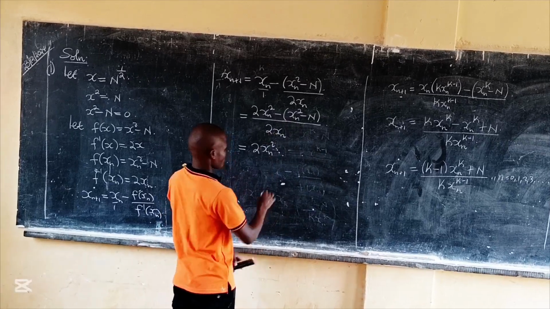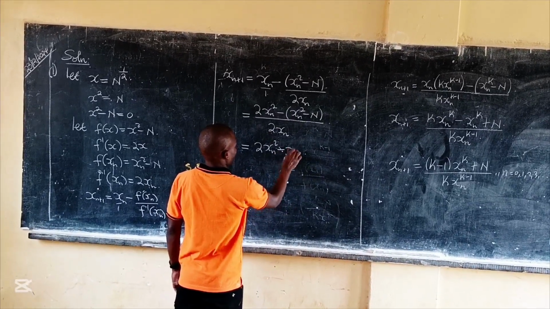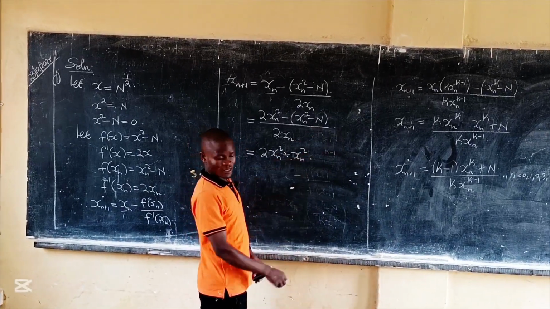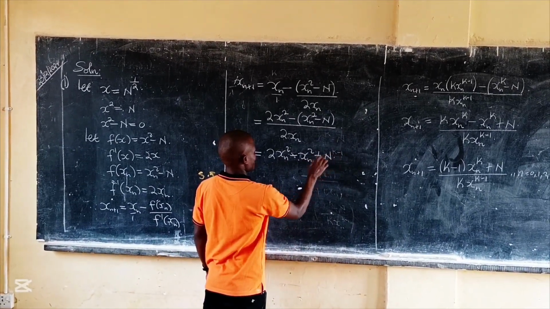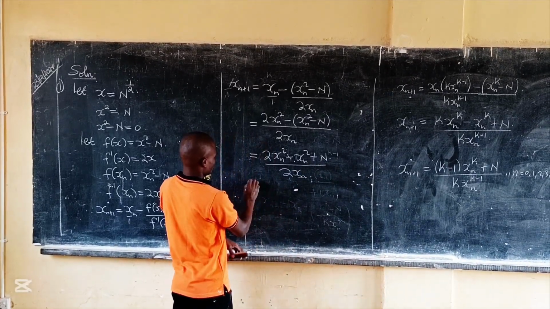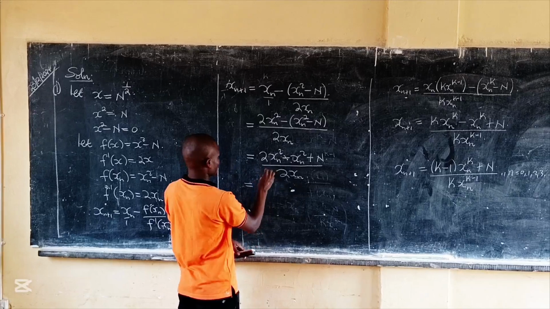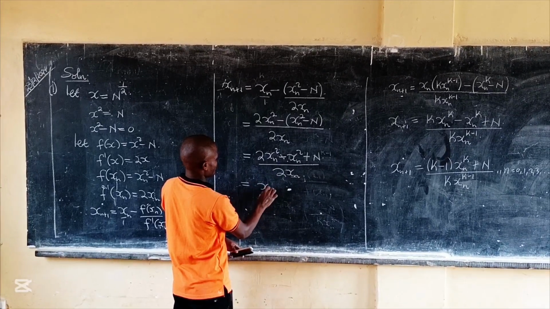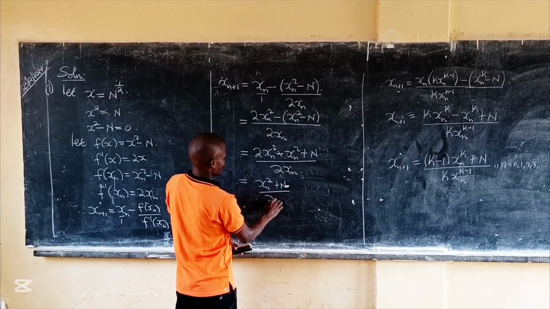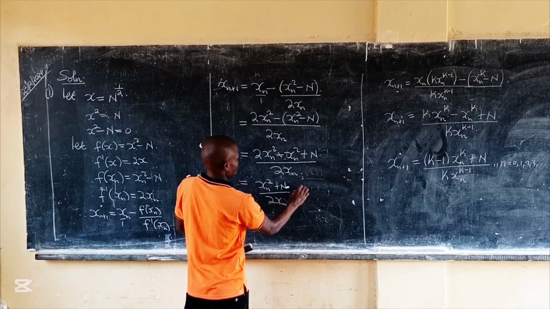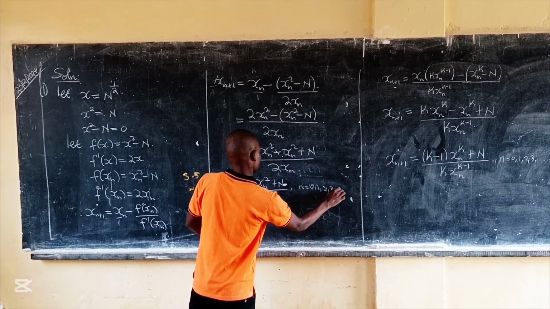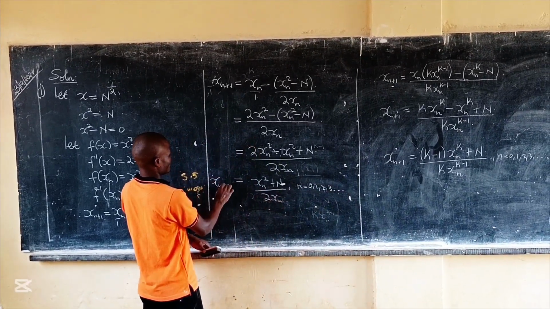When I enter negative 1, here we get xn squared, and this negative 1 with negative n, we are going to create a positive n, divided by 2xn. And when you simplify this, you're going to have the solution as xn to power 2 plus n, and we are dividing this by 2 of xn. This is for n equals 0, 1, 2, 3, and so forth.